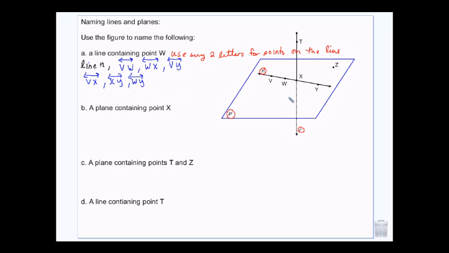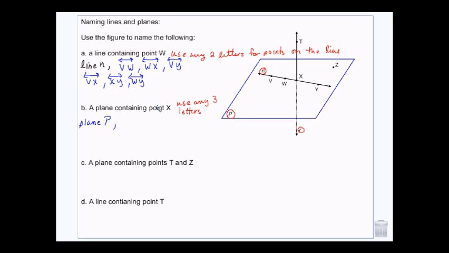Kind of the same thing with a plane. This plane is named plane P, so we can call it that, plane P. But with a plane, you have to use any 3 letters, because it takes a minimum of 3 points to define a plane.